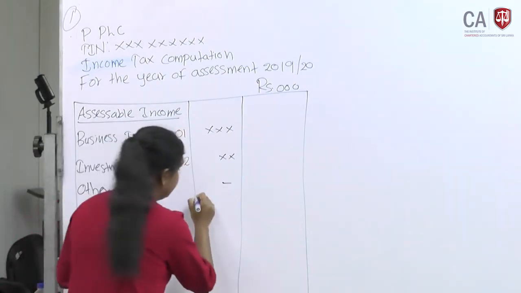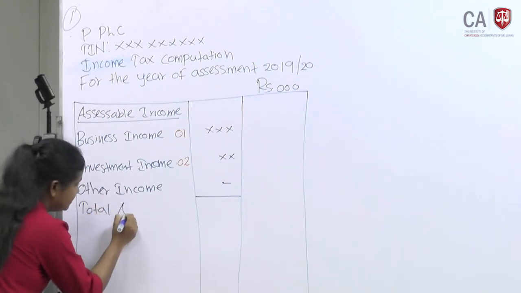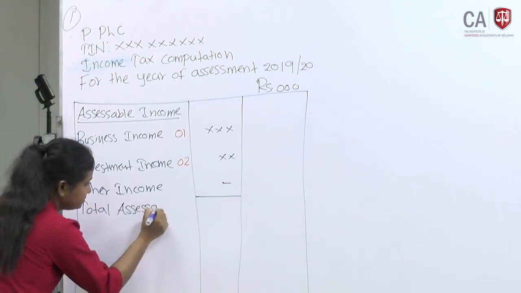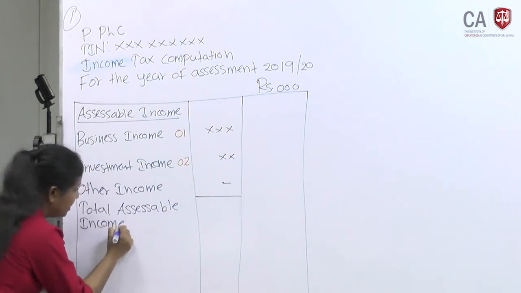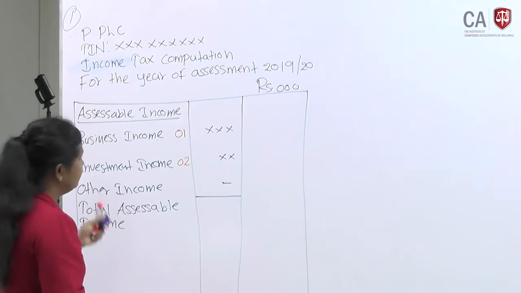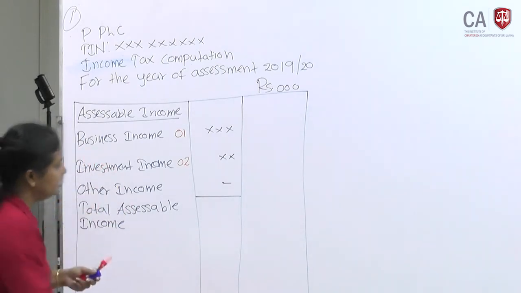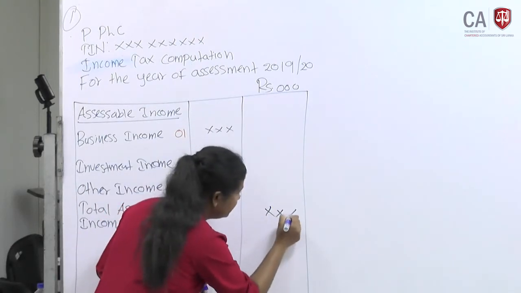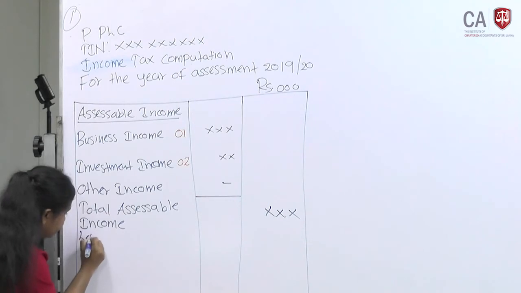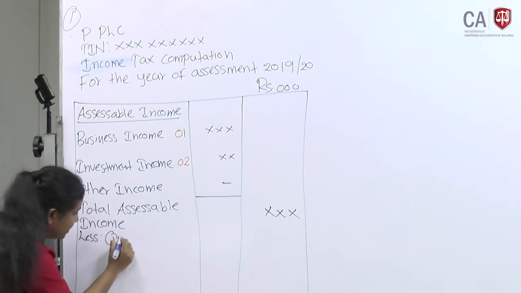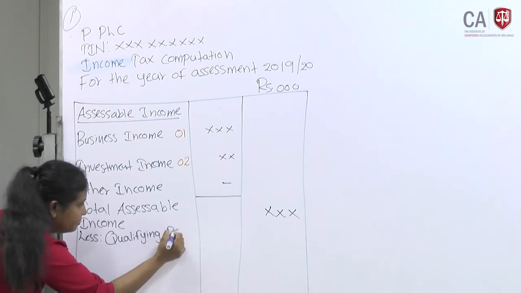After that, the total assessable income. My total assessable income is a summation of business income, investment and other income. Then less qualifying payments.